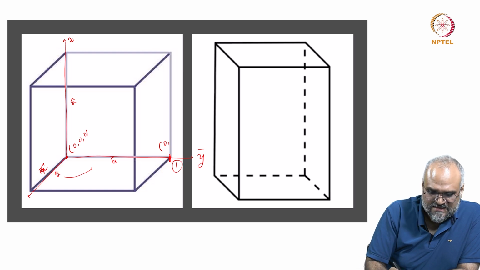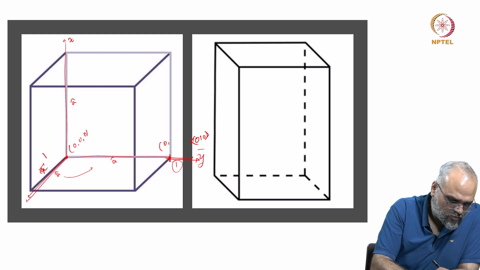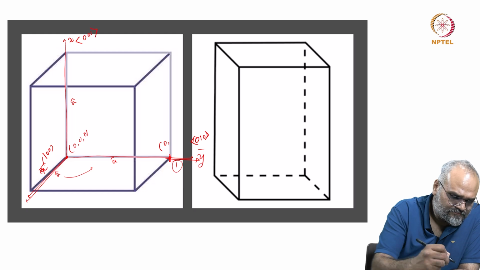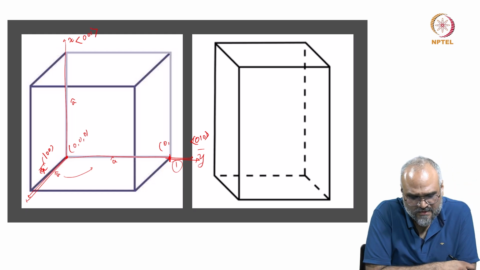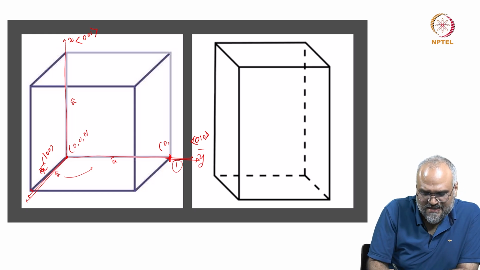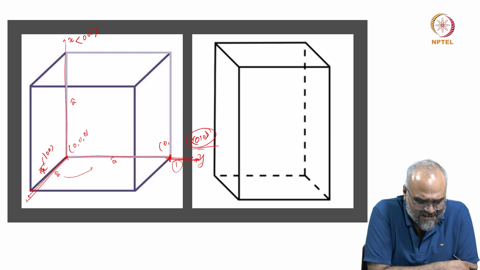So, this particular direction is now 0, 1, 0, and this direction is 1, 0, 0, and this direction is 0, 0, 1. And so I simply got the direction vectors by connecting one of the unit vectors with the origin, and I draw the position vector for this. I get the Miller's index for a direction.